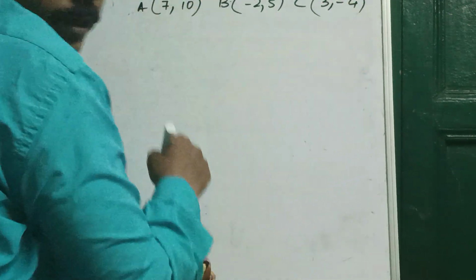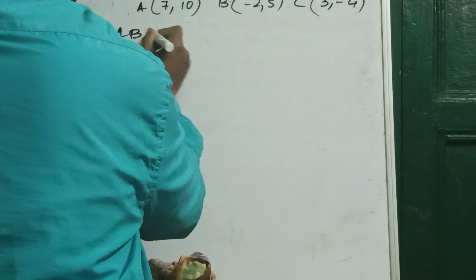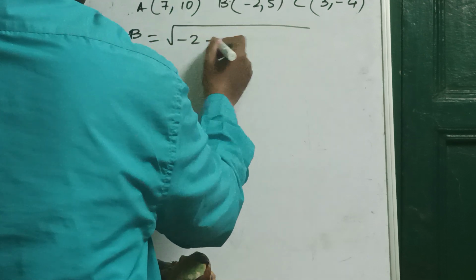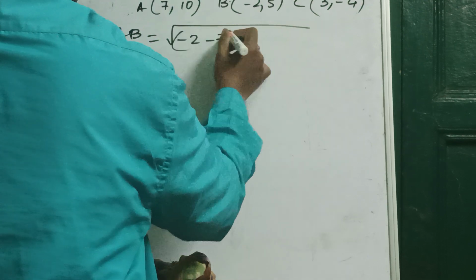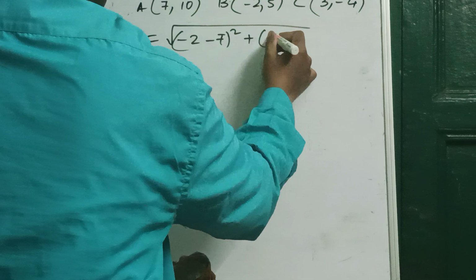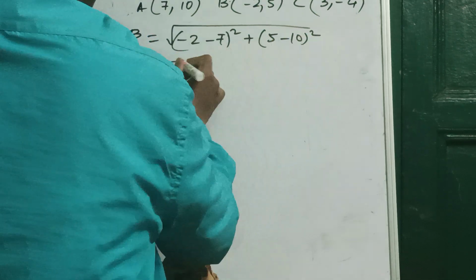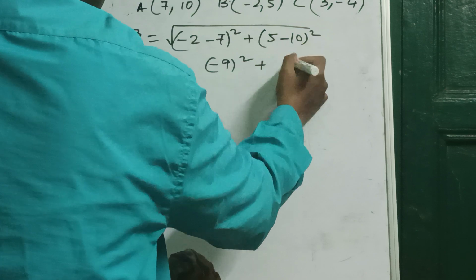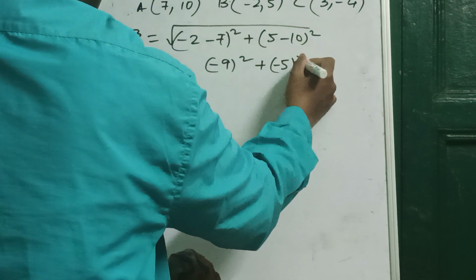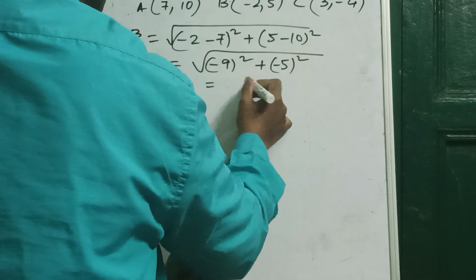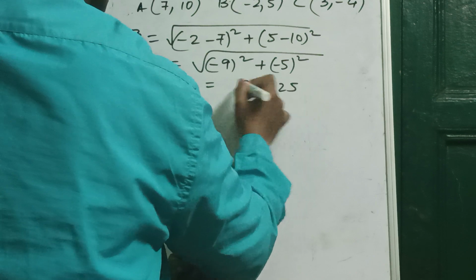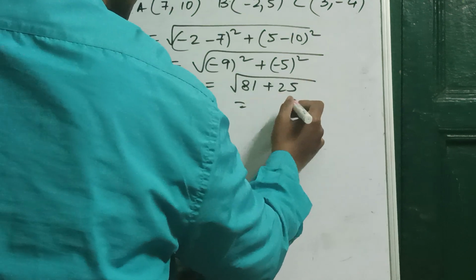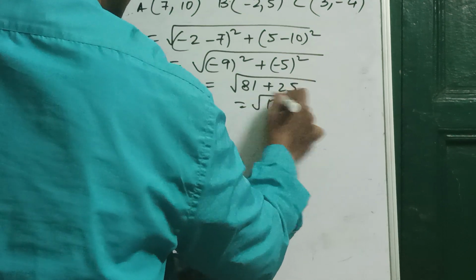Okay, again we can calculate AB. First, minus 2 minus 7, 5 minus 10, minus 9 square, minus 5 square, root 106.